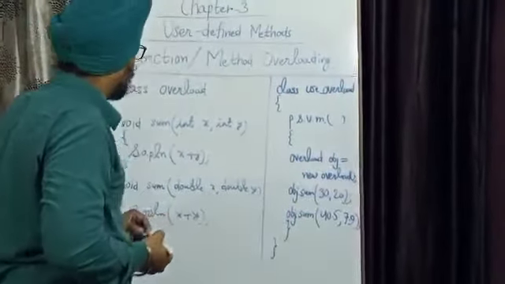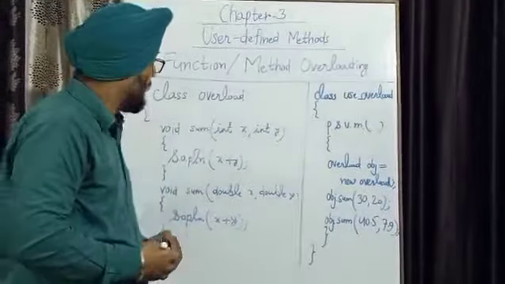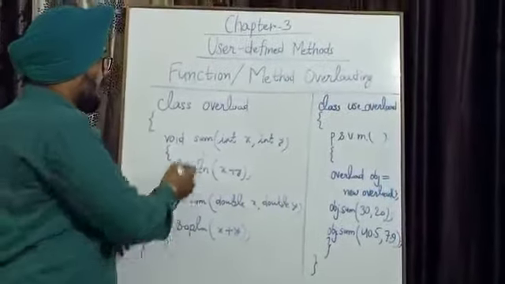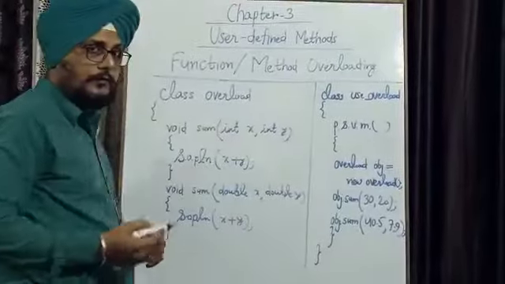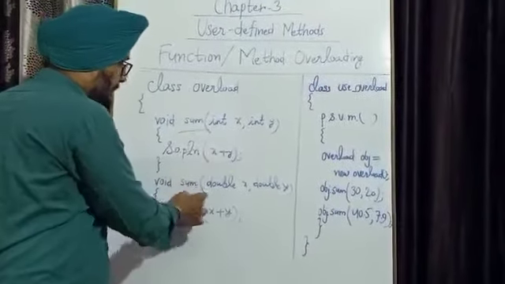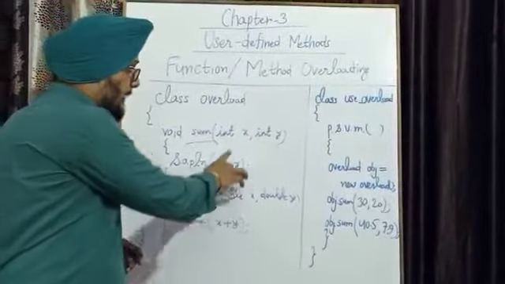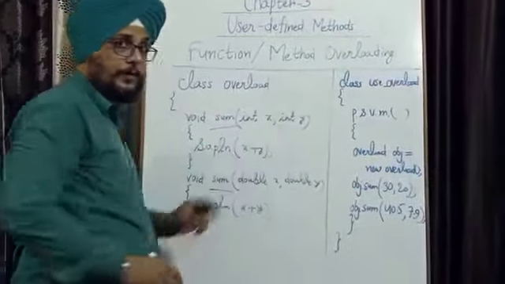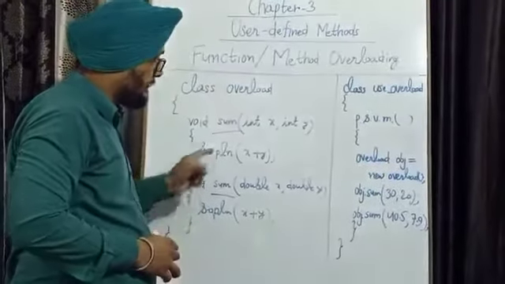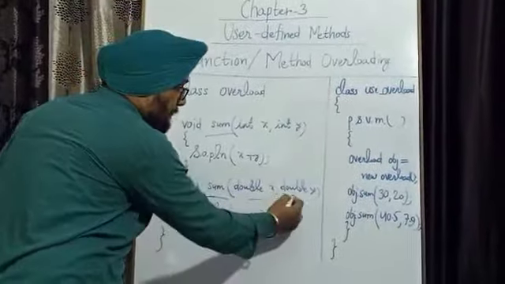This example is of method overloading, or function overloading. Here I have created a class Overload, and two functions, but the names are the same. You can see sum and sum, the names are same. In the first sum function I have passed two parameters, integer and integer, and in the second sum function I have passed two double values.